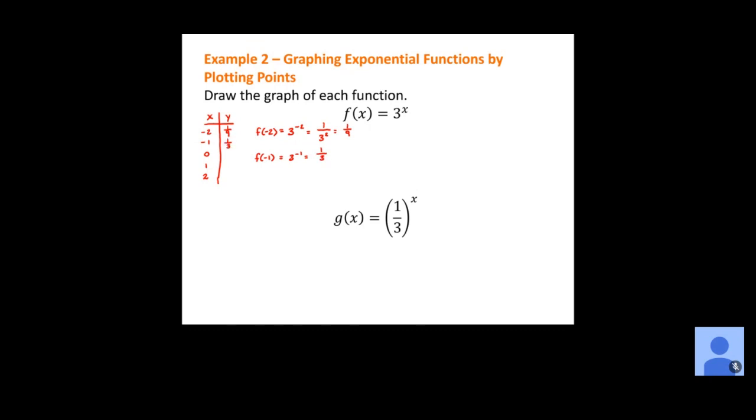Now we've got a value of 1/3. Let's look at f of 0. So what's 3 to the 0 power going to give us? Good. So anything to the 0 power, always going to be 1, right? So it doesn't matter what that base is. If we raise it to the 0, it's always 1.